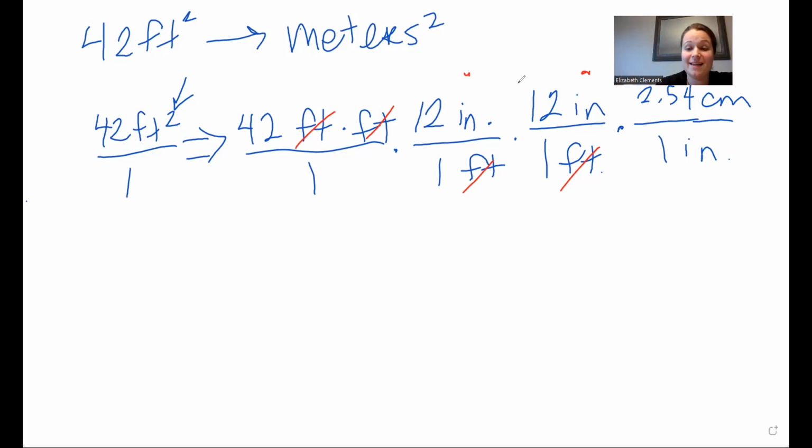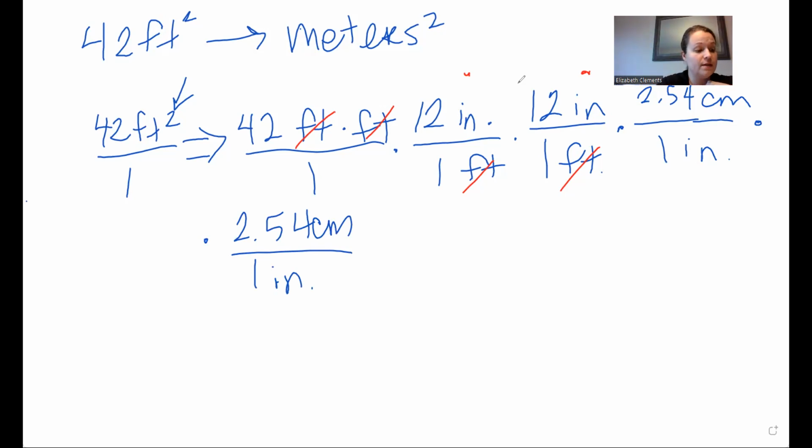That gets rid of one of my inches, but I need to get rid of both of them. So I'm going to multiply again by 2.54 centimeters over 1 inch. I'll cross them off later, but my inches are gone because I did it twice. Now I have 2 centimeters, and I need meters.